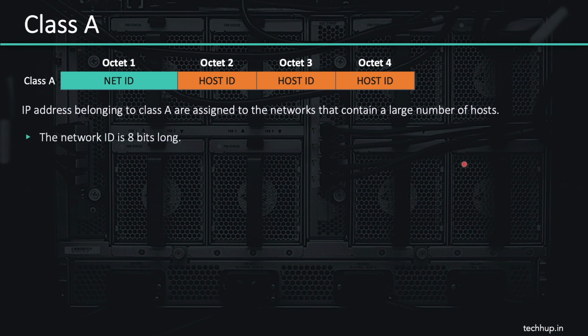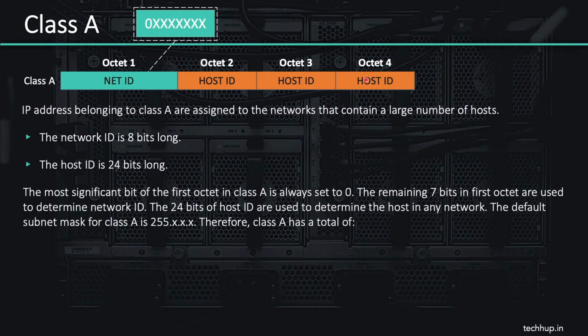Network ID, as evident here, is 8-bit long, and the host ID, which occupies the rest 3 octets, is 24-bit long. The most significant bit of the first octet that you see here, it's always reserved to be 0. So that leaves the remaining 7-bit in the first octet to determine the network ID. The 24-bit of host ID are used to determine the host in any network.